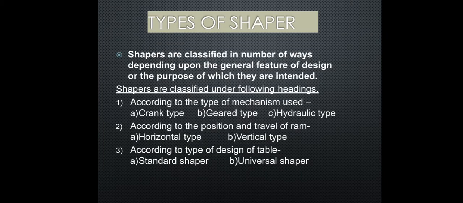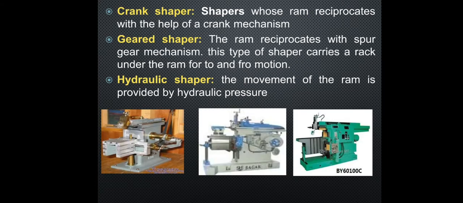There are different types of shapers. They are classified under different headings. According to the type of mechanism used: crank type, gear type, hydraulic type. According to the position and travel of the ram: horizontal ram, vertical ram. And according to the design of the table: standard shaper and universal shaper.